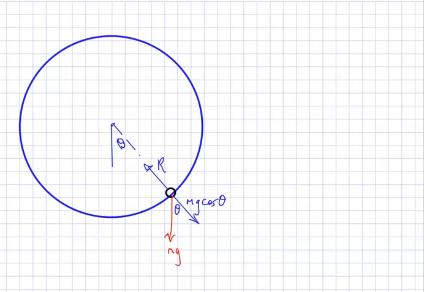And the reaction is similar to the tension. The reaction is the force exerted by the wire onto the bead in order for it to carry on in the circular motion. Remember that the object will carry on in the same direction unless there's some acceleration acting upon it. It's the centripetal force that's creating the acceleration that causes it not to slow down or speed up, but to change direction.